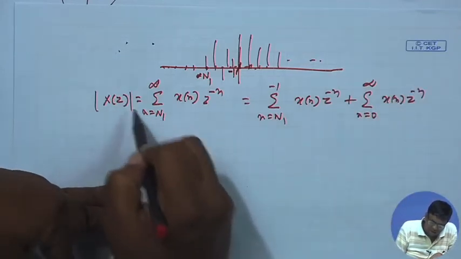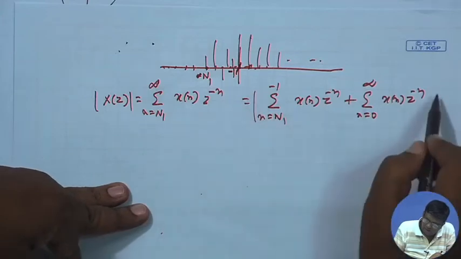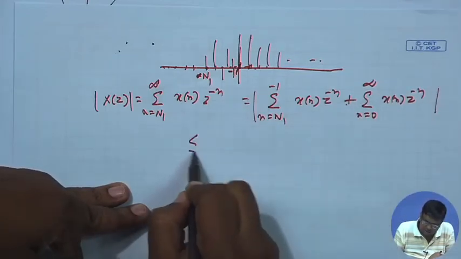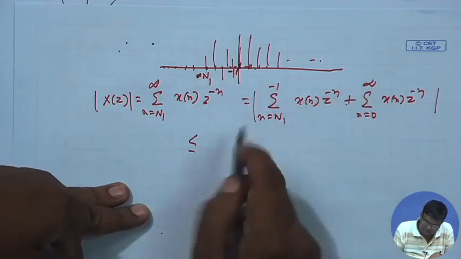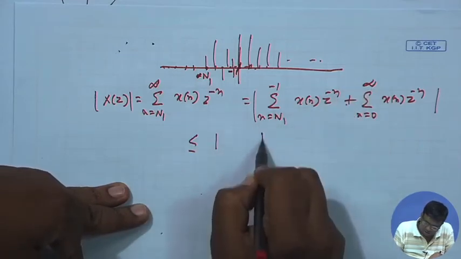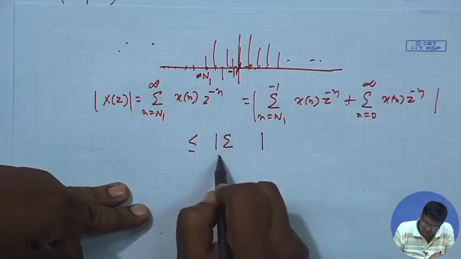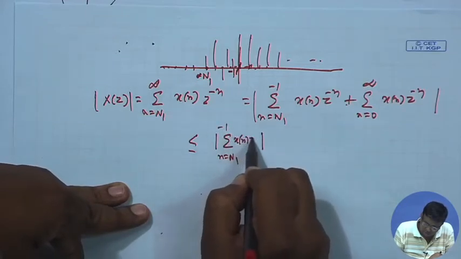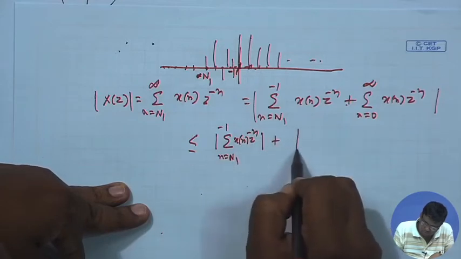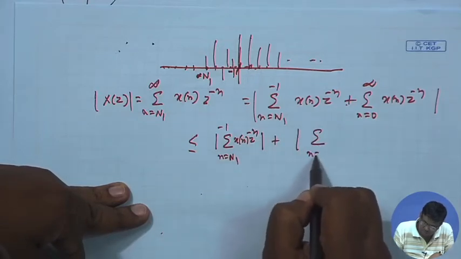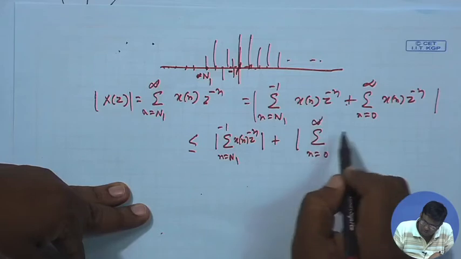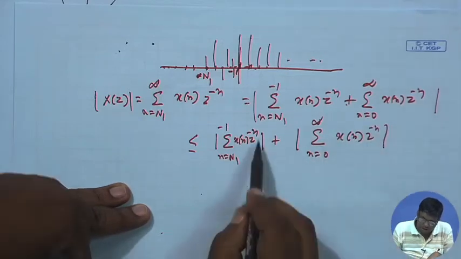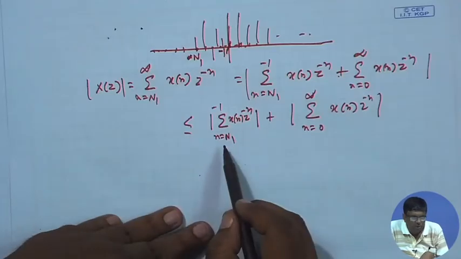Then mod X z is mod of a summation, but mod of a summation is less than or equal to the summation of the mod. So, this is less than or equal to the summation of mod of this. This part is a finite duration sequence.